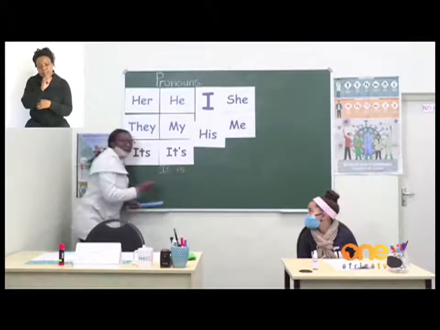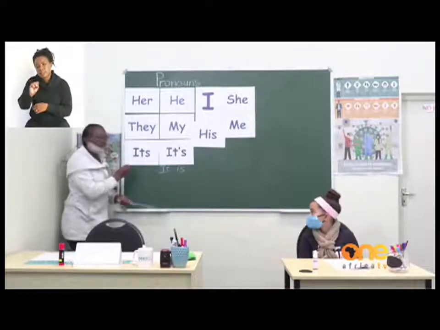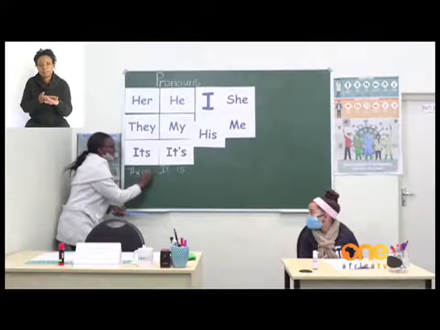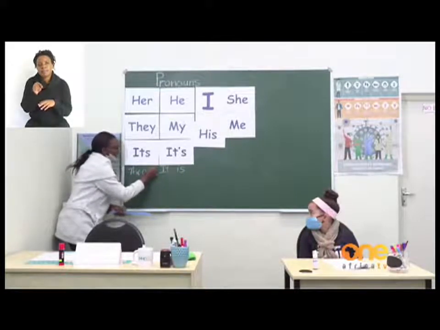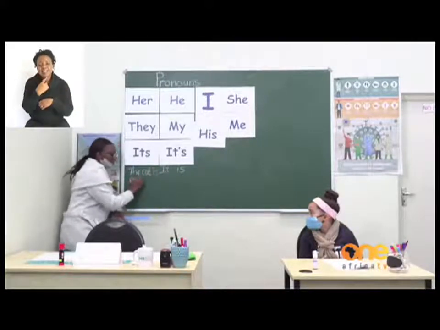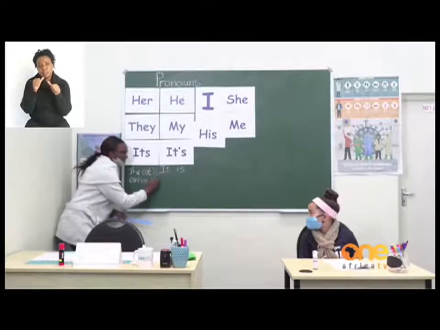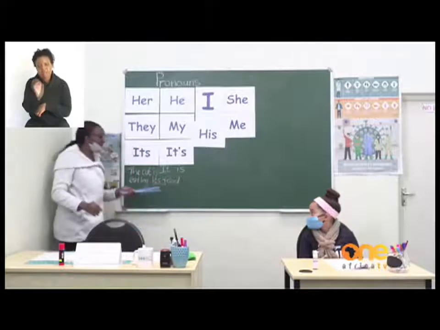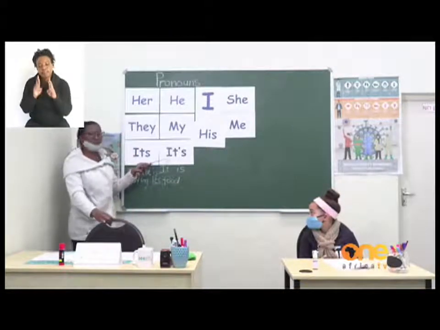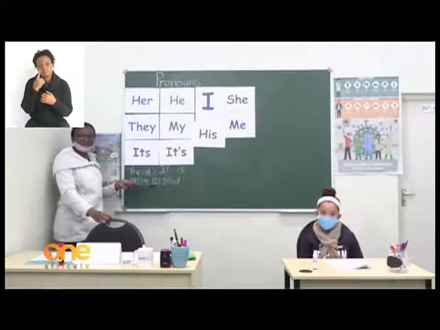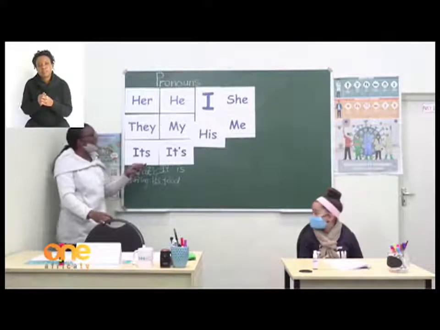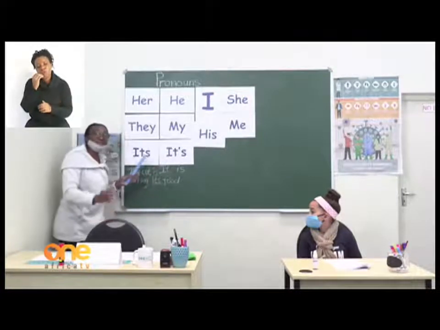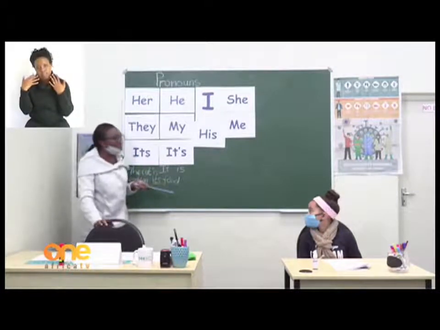is. And this one, like I said, it says the cat is eating its food. I hope you can see the difference between the two. This is for possession, that means it's for belonging, and this is for contraction, meaning the word is shortened or it is made smaller.